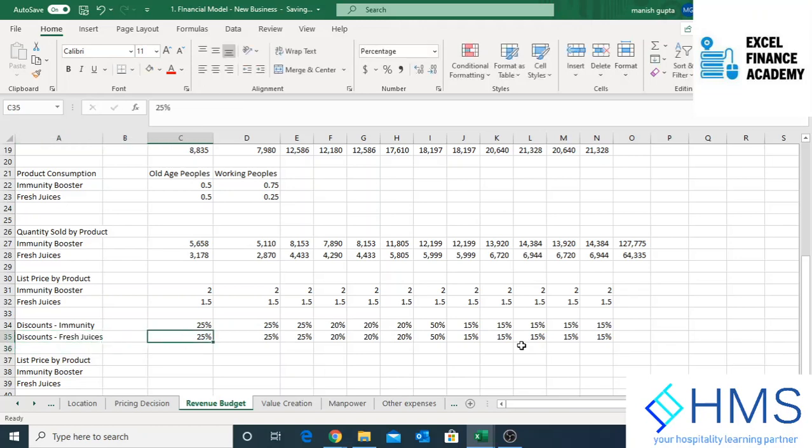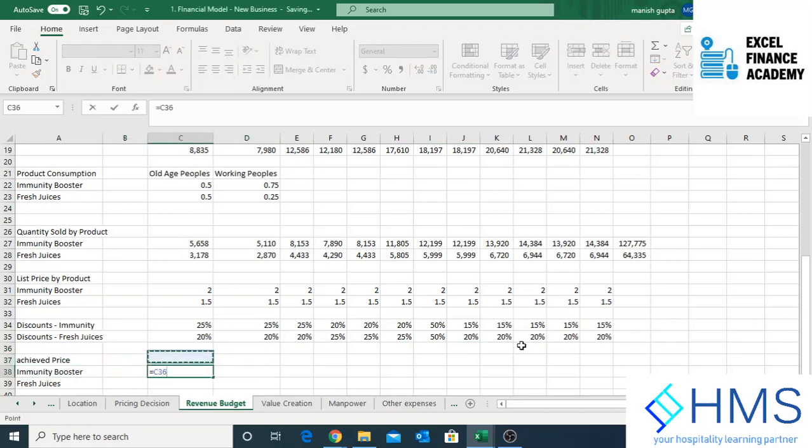You can reduce or increase these discounts, up to you, however you want to do the marketing. Let's say you do it this way, and then we got the achieved price.